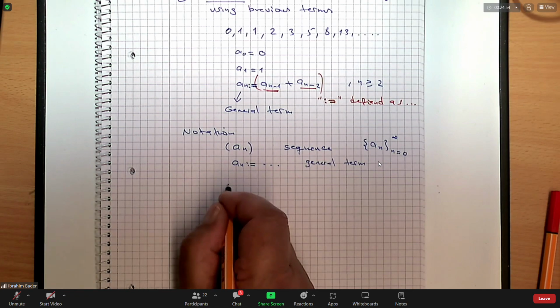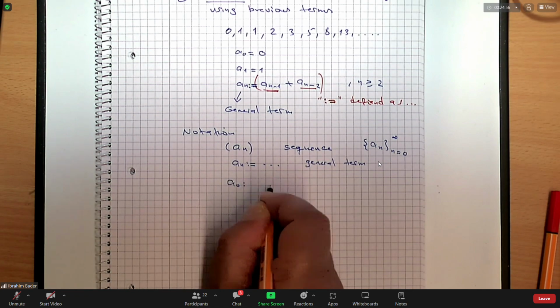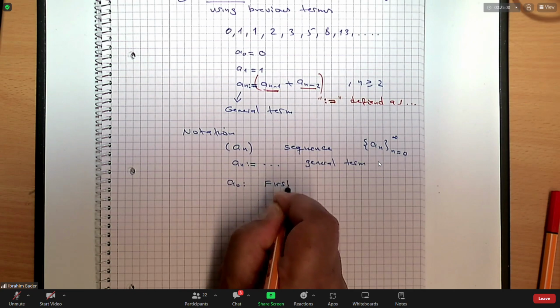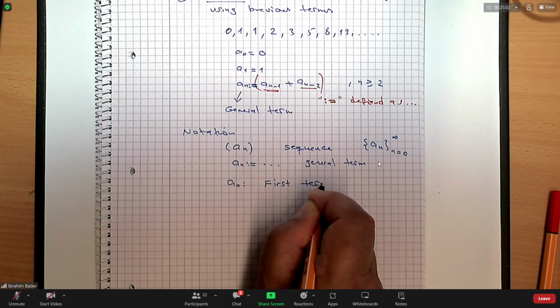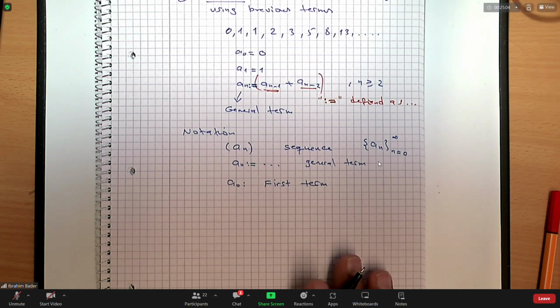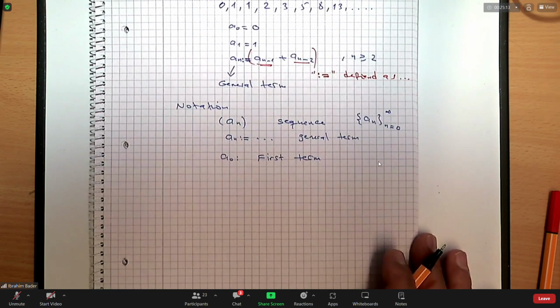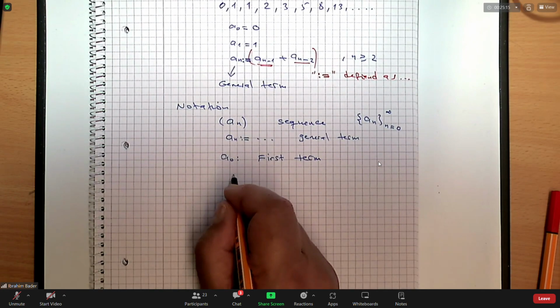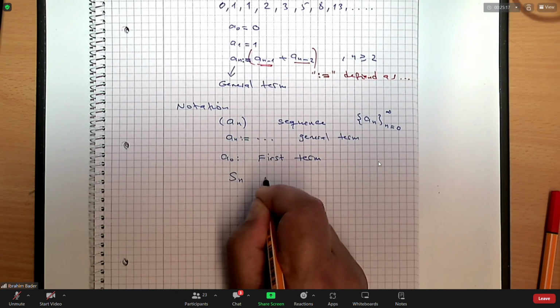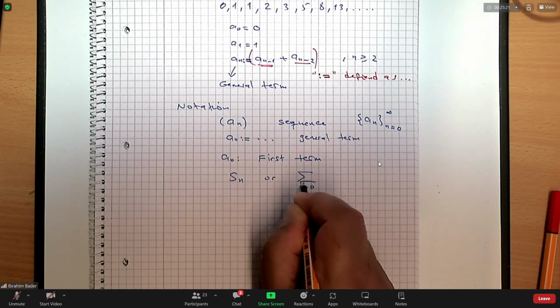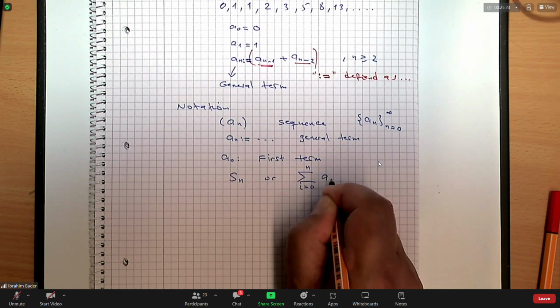Now here a_0 will refer to the first term of the sequence. And later we will talk about S sub n, or the sum of i equals 0 to n of a_i.